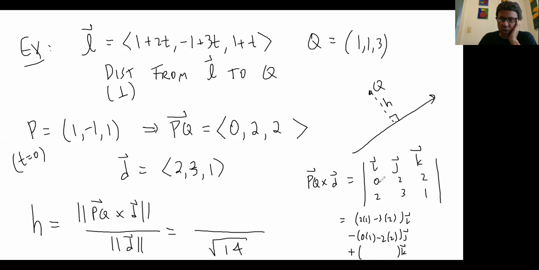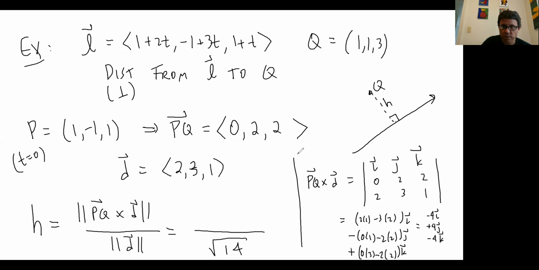I look at these numbers when I cross out the k information. So 0, 3, 2 and 2, and they get subtracted off. So 0 times 3 minus 2 times 2. So if I did that all correct, that should be -4i minus a minus, so +4j, and -4k.